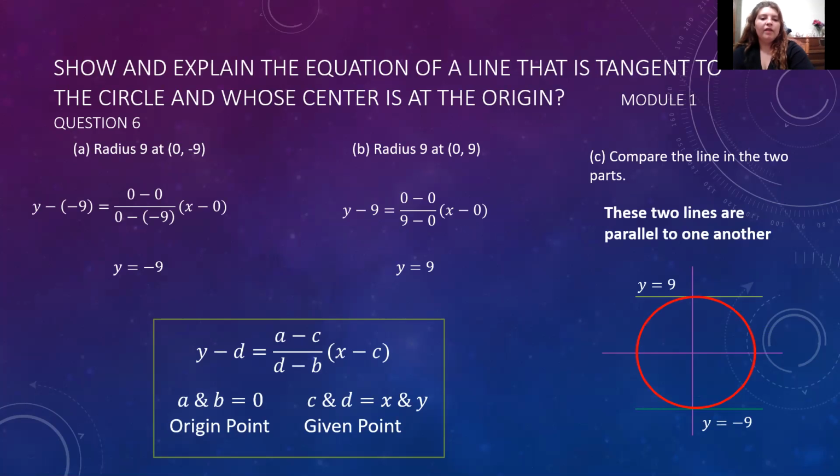And we're going to multiply that by x minus c, which is our x again, also 0. And when you do that, you get y equals -9.